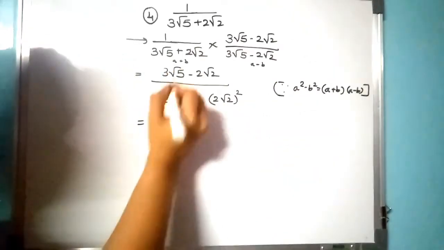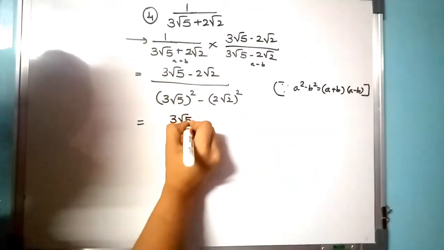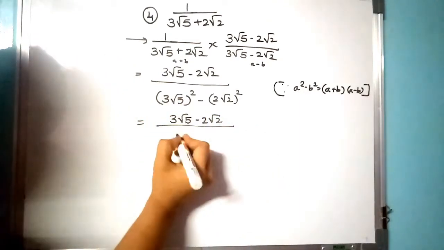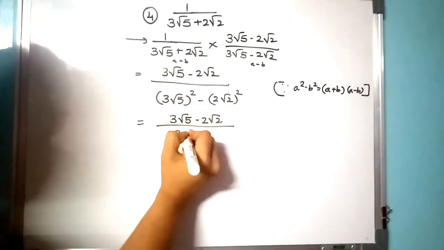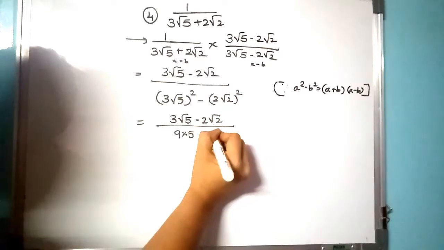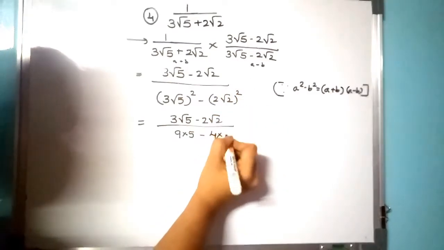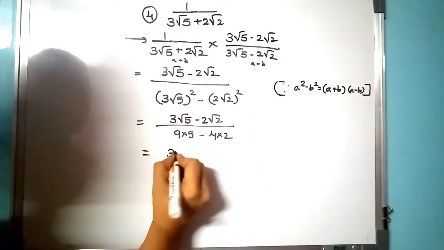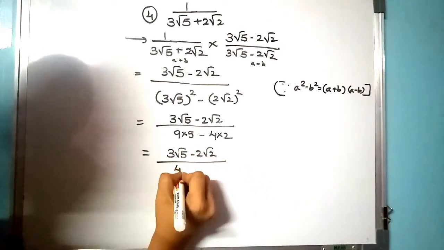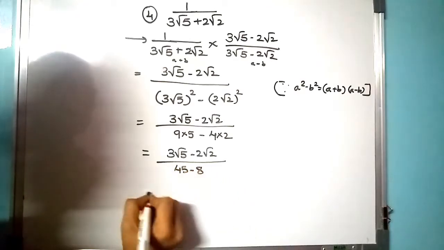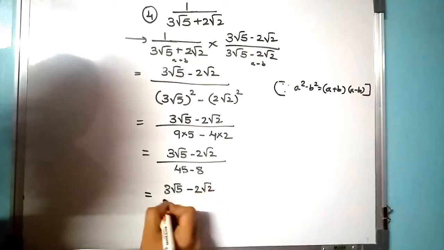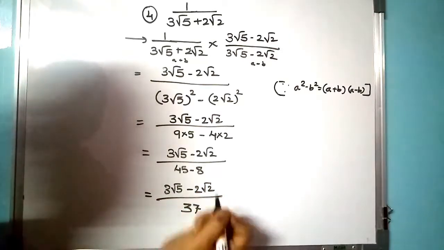So solve it. 3 root 5 minus 2 root 2 upon 3 square, 9, root 5 square, 5, minus 2 square, 4, root 2 square, 2. 3 root 5 minus 2 root 2 upon 45 minus 8. 3 root 5 minus 2 root 2 upon 37.